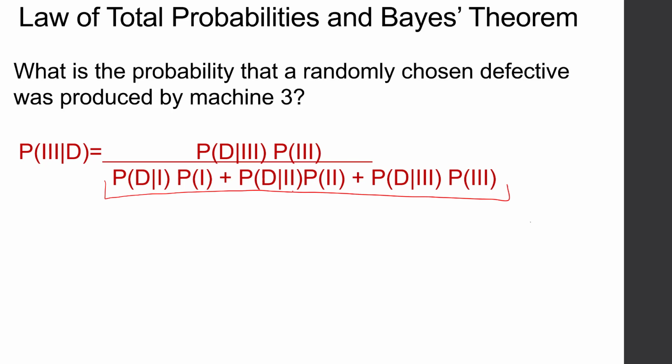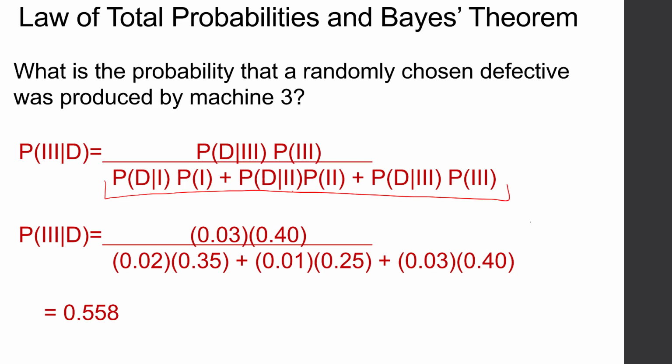And then we just need to pop in our numbers that we had on the previous slide. So the probability of being from machine 3 given D, after we plug in all the numbers and crunch it in our calculator, ends up being 0.558. So there is a fully worked example of Bayes' theorem, and you have done it.